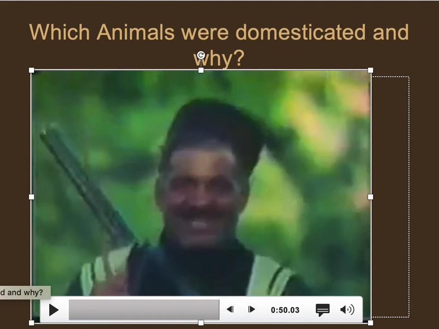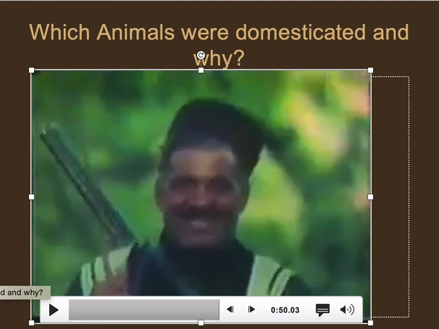But typically, the best kinds of animals to domesticate are herbivores because they'll eat grass. They're not competing with you for food. What else do they have in common? Well, when you think about wild horses, sheep, goat, cattle, what is their herd structure like as compared to, let's say, tigers?